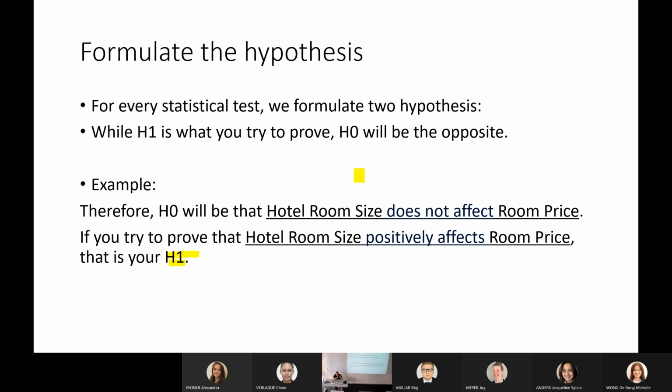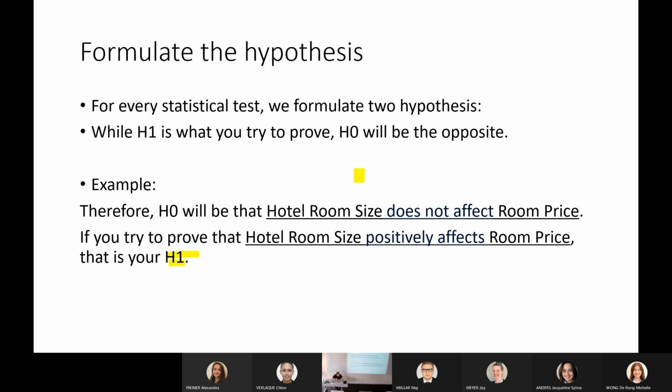It always refers to a specific value of the population parameter, not the sample statistic. At the moment, we don't know if hotel room size affects the room price, so we can say nothing about it. We can just say that it does not affect, because we are not sure. And the alternative hypothesis, H1, is the opposite of the null hypothesis and represents a research claim or specific inference you would like to prove.